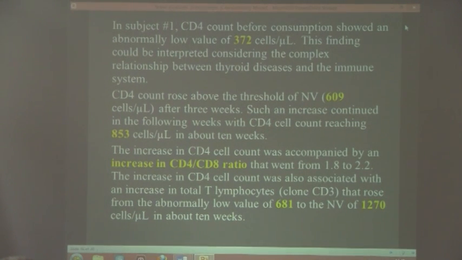That's a healthy level. 372 is just above 8. 853 is a healthy person. We also got an increase in the CD4-CD8 ratio, which went from 1.8 to 2.2, another excellent result. Total T lymphocytes went from 681 to a massive 1,270. So we know this was a highly successful case. Let's move on to the next screen.